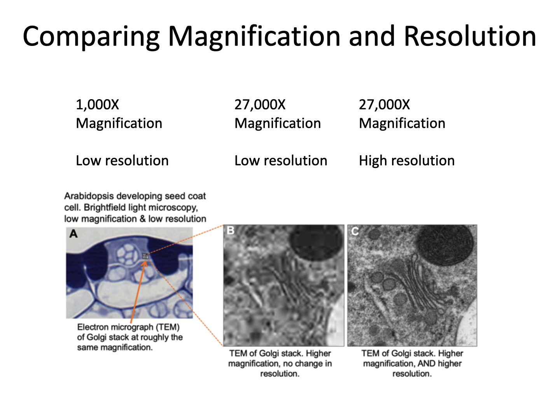Now, you could blow that up 27 times just digitally, and that's shown by the middle example here. It looks bigger, but without an increase in resolution, it doesn't yield any more information.